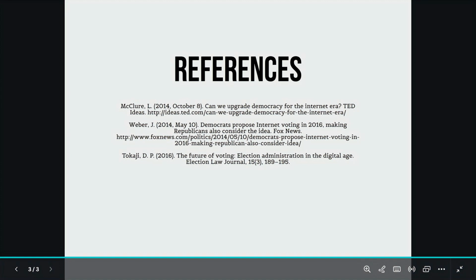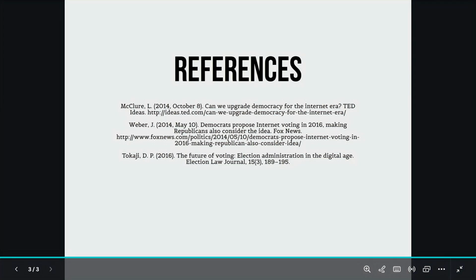To finish my presentation, I would like to briefly mention the sources I used for this brochure. The information was mainly based on articles about online voting and e-democracy, including research by Lisa McClure, who discusses whether democracy can adapt to the internet era, and James Weber, who wrote about political discussions regarding the possibility of internet voting in the United States.